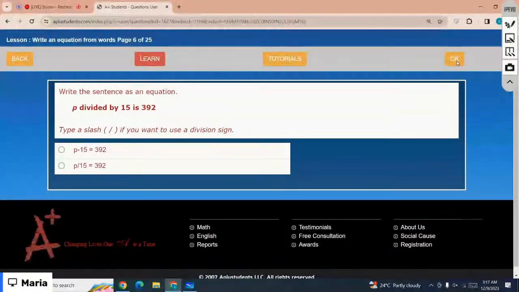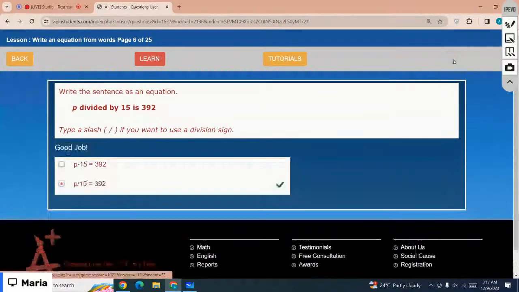Yes, that is P divided by 15 equals 392. Option number 2 is the correct. Very good.